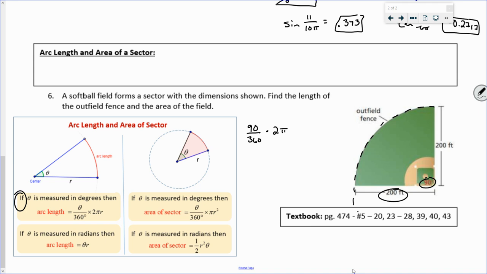The reason we know that's a radius of 200 foot, imagine us continuing out into a circle. I type in my calculator. I actually get 100 pi is my length. I think I'll just leave it as that. You can take it out to the decimal if you want.